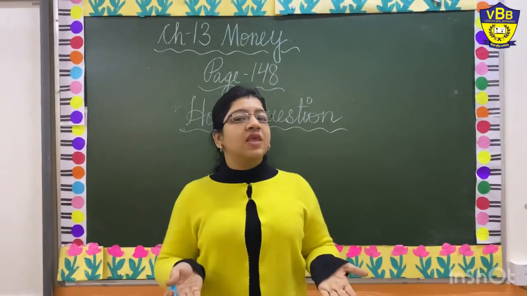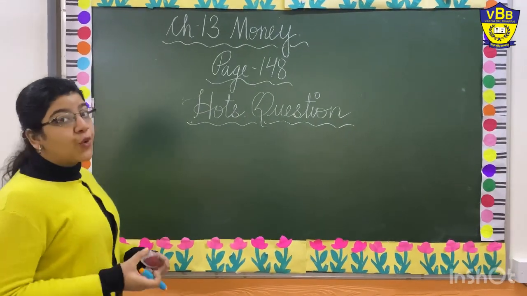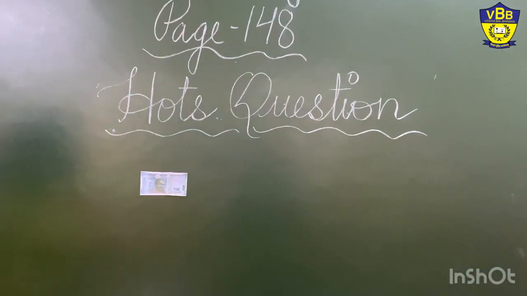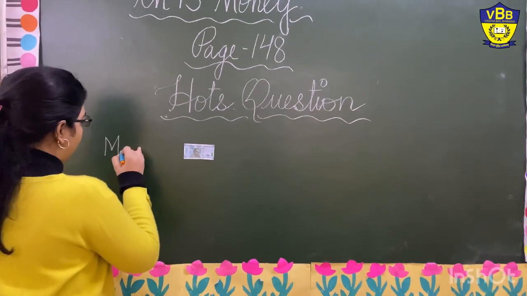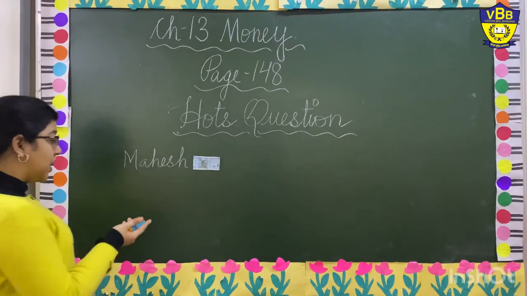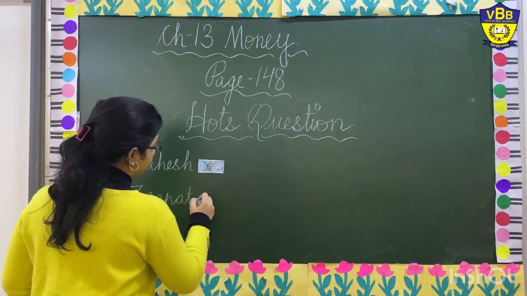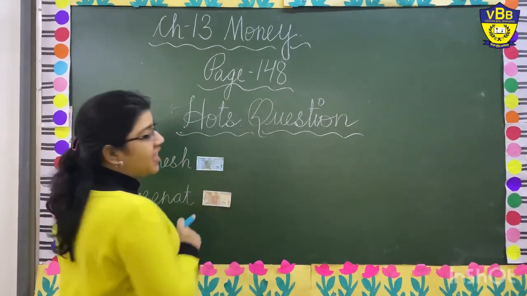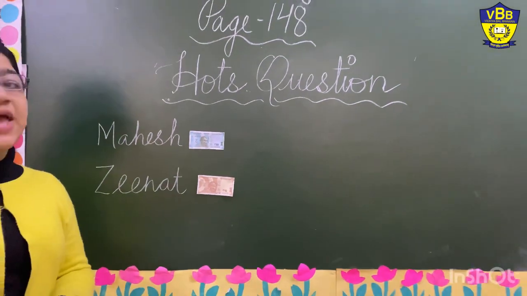First of all, we have to see how much they gave to Mahesh. They have given rupees 50 to Mahesh. Then they gave rupees 10 more than Mahesh to Zeenath.